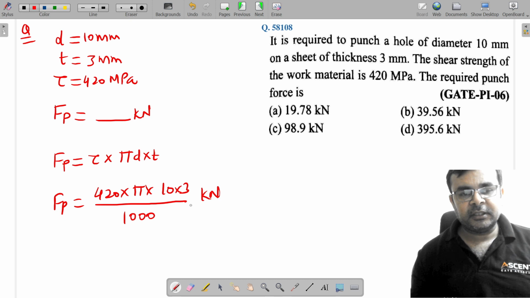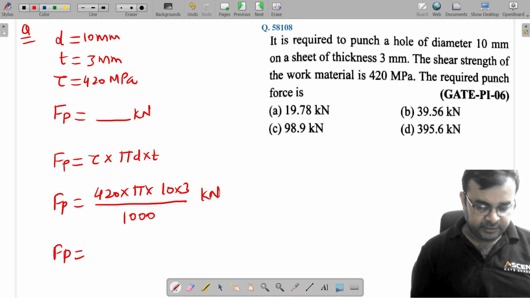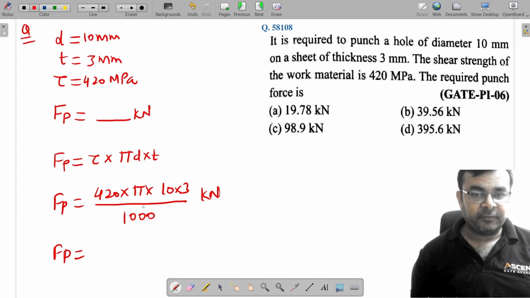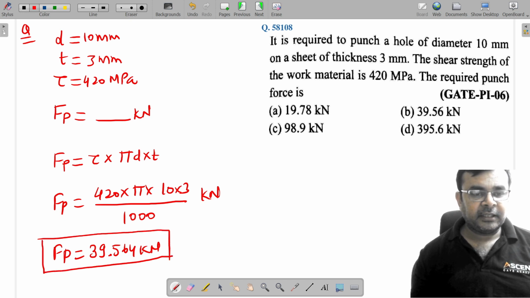Because we need to represent this value in kilonewton. So once you calculate this value, 420 into pi, that is 3.14, into 10 into 3 over 1000, we get 39.564 kilonewton. So according to this, the correct answer will be option B.